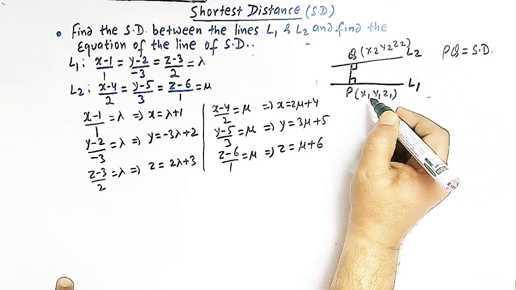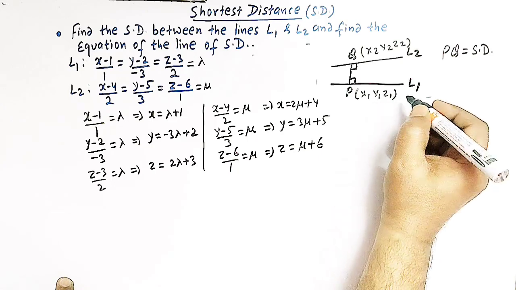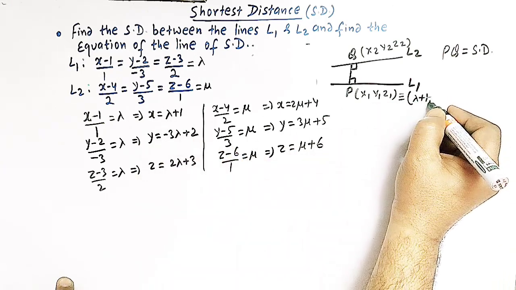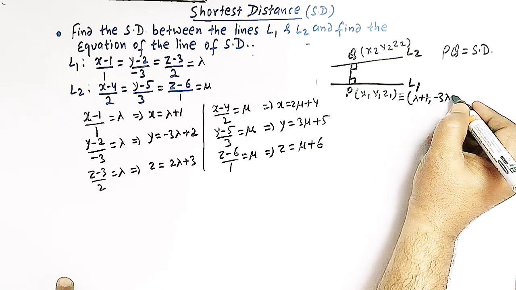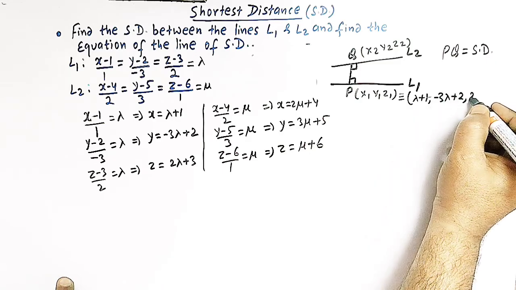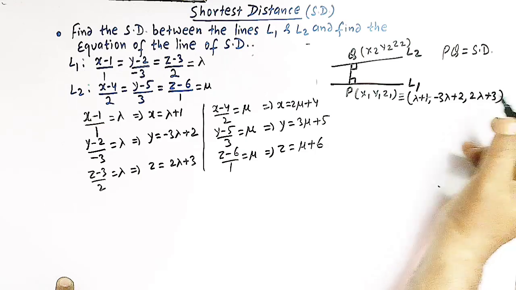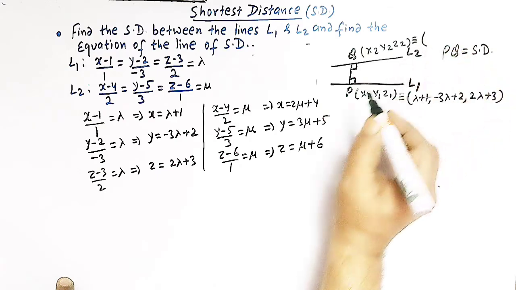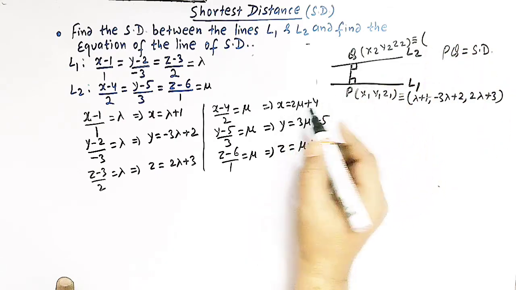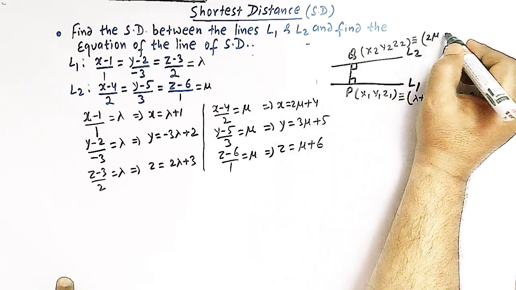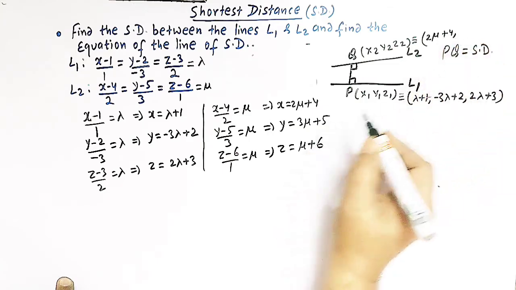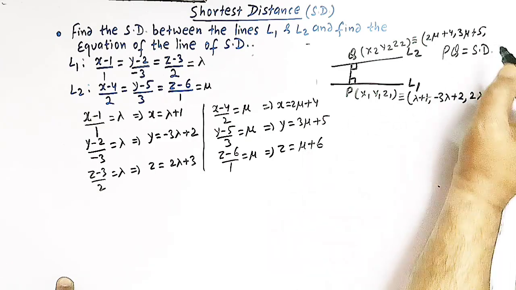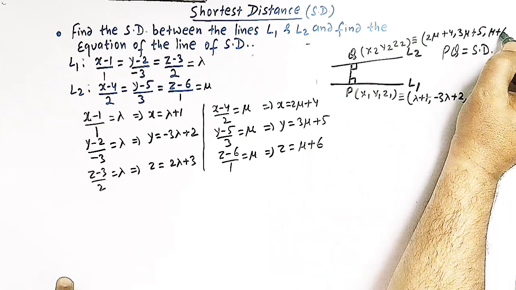Here we can take P as x1, y1, z1, that is lambda plus 1, then minus 3 lambda plus 2, and 2 lambda plus 3. And this point Q can be taken as x2 is 2 mu plus 4, then 3 mu plus 5, and then mu plus 6.